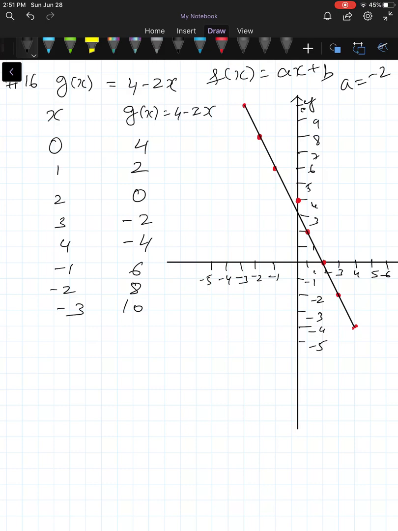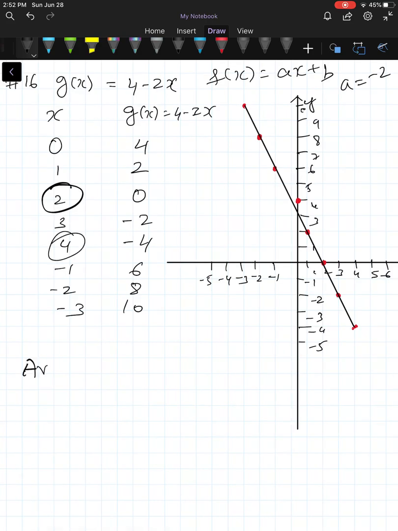So if we calculate the average rate of change of g of x for two arbitrary input values in the table, do we get -2? Let us check that. We shall calculate the average rate of change of g of x between 2 and 4.